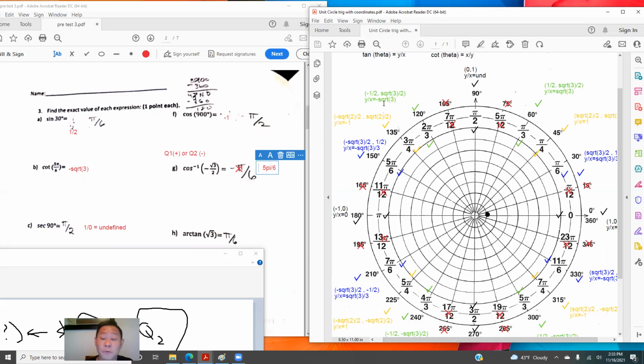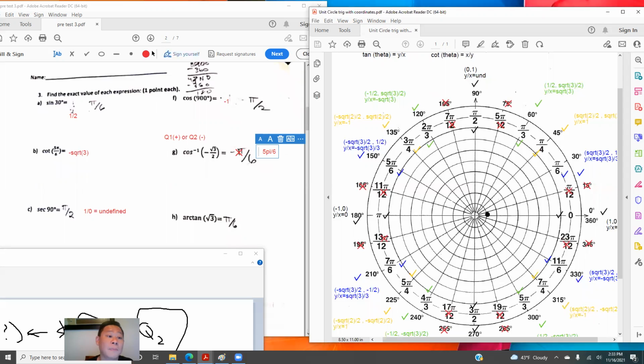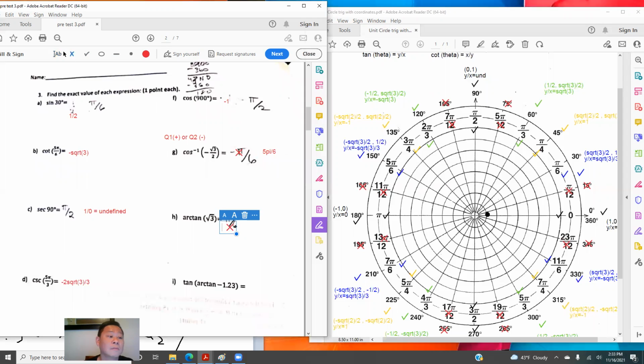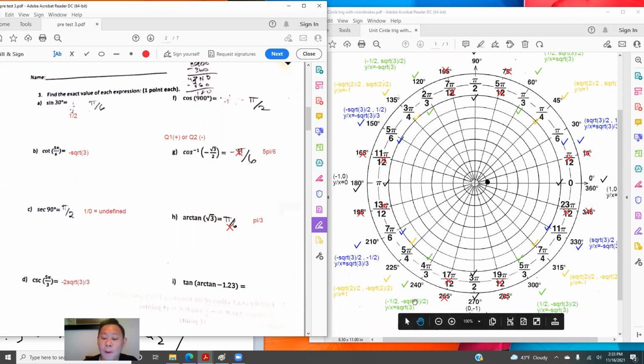This gives me negative. So it's pi over 3. Square root of 3 in this case is pi over 3. Now the reason we don't use 4 pi over 3 is because it is in quadrant 3.